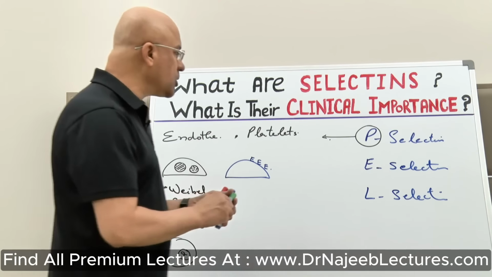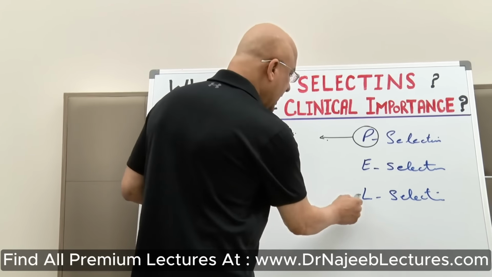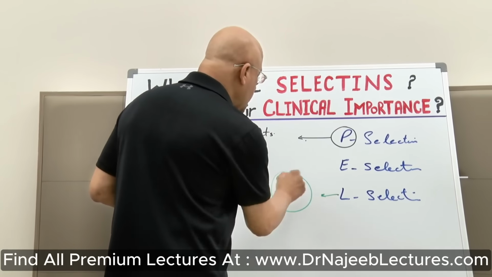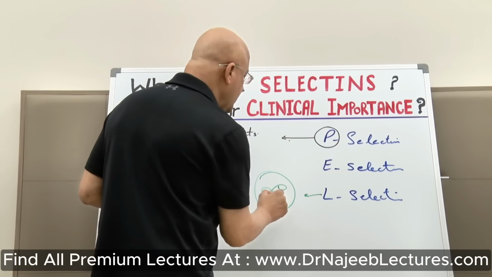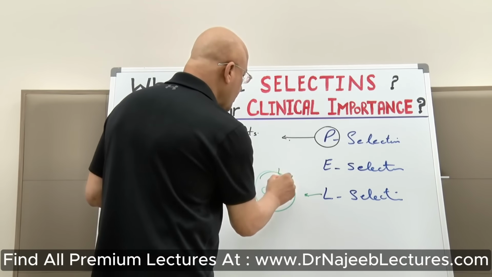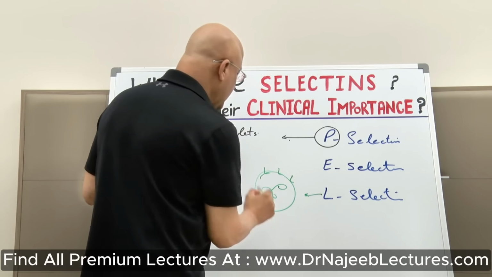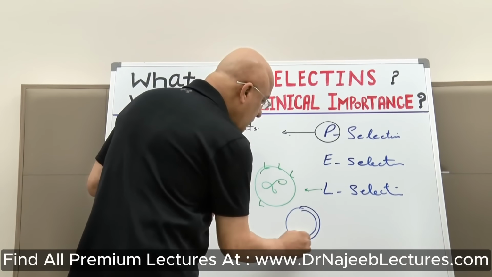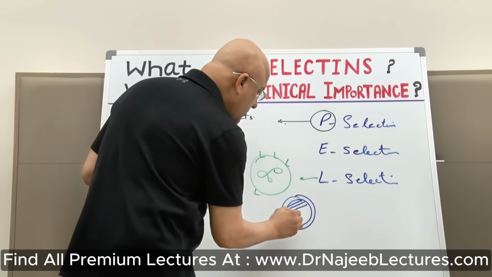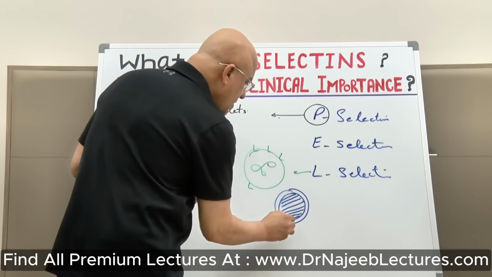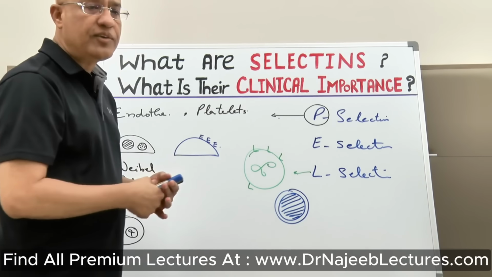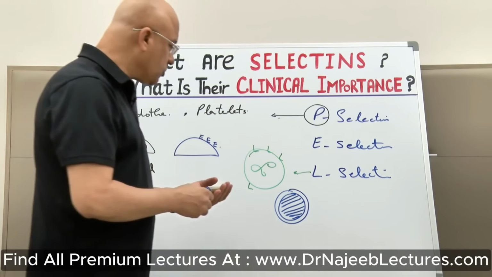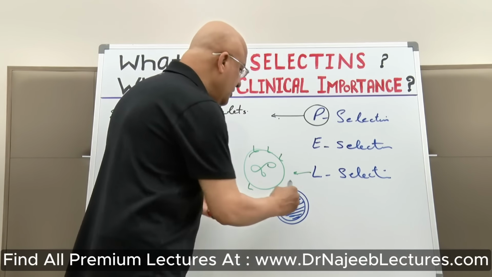And when we talk about the L selectin, L selectins are basically expressed on the white blood cells, right? We should not forget L selectins are very, very important for lymphocyte trafficking, right? They are also expressed on the lymphocytes.